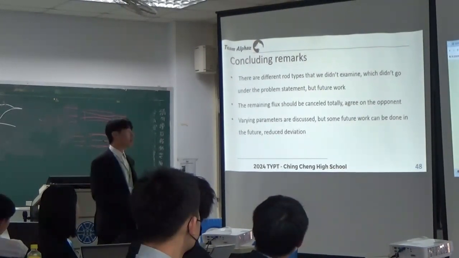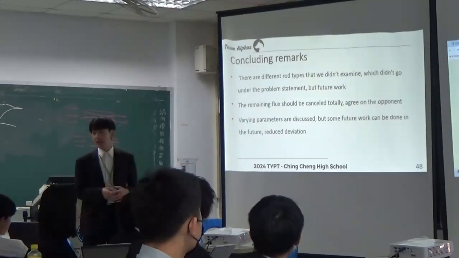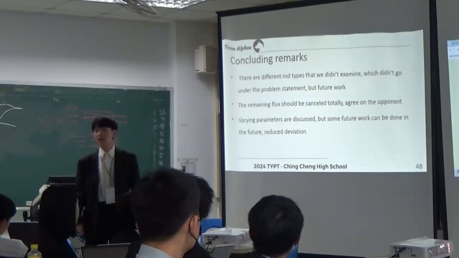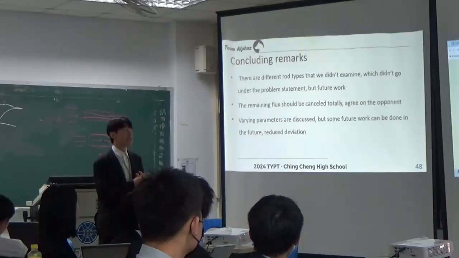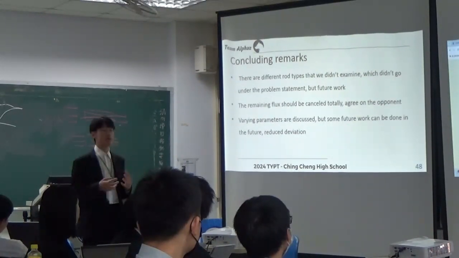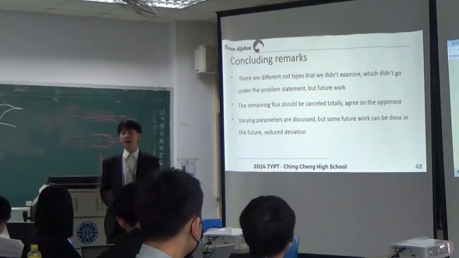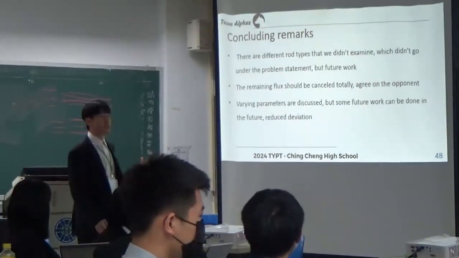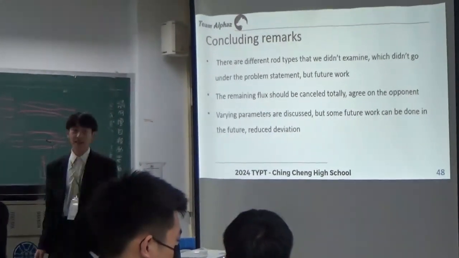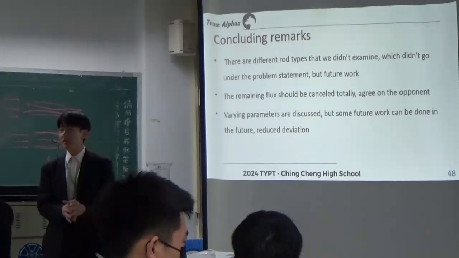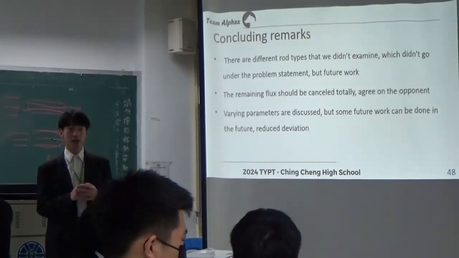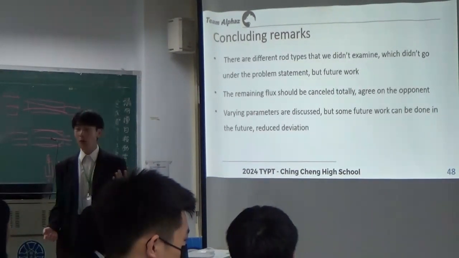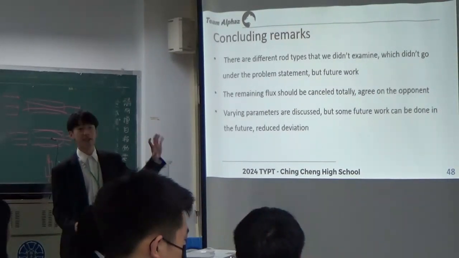And for the varying parameters that were discussed, we covered them well in the theoretical parts and also our rod's material parts. But there is some future work that can be done to reduce the deviation, like the rod's properties, and maybe some interesting facts like the other rod types, as the opponent raised about paramagnetics and other types of rods, and why, like the opponent said, the aluminum won't affect the resonance frequency.